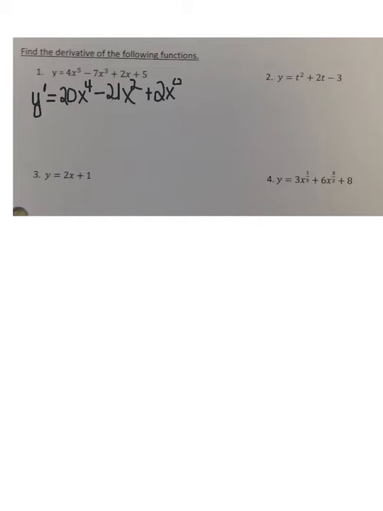Okay. Now, this 5 at the end here, there is no x value here. So let me talk about this right now. Isn't anything to the 0 power just 1? So if that's the case, this really right here is x to the 0.